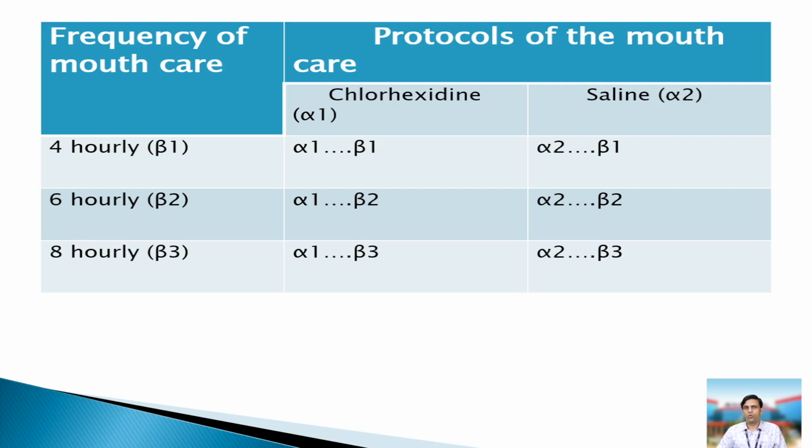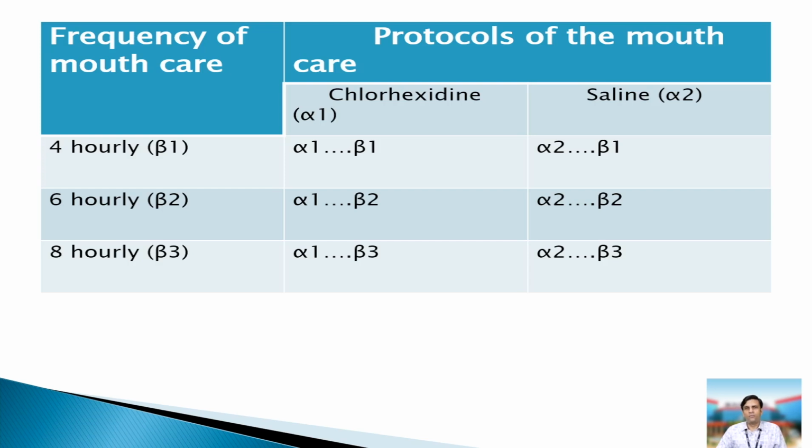Whereas there are two protocols of mouth care. The first protocol is chlorhexidine mouthwash and the other protocol is saline mouthwash. The chlorhexidine mouthwash protocol is known as alpha 1, whereas the saline mouthwash protocol is known as alpha 2.